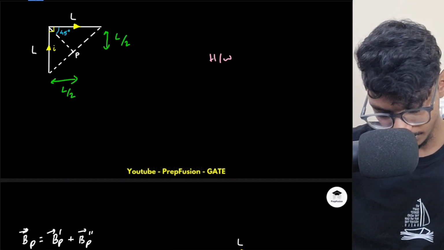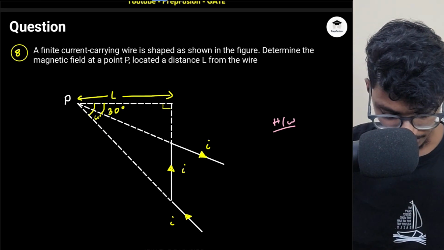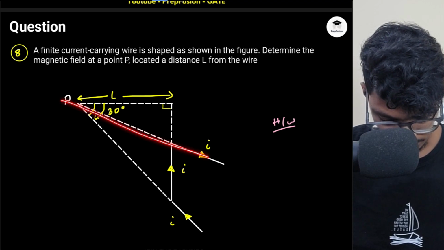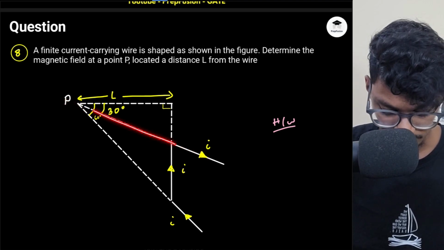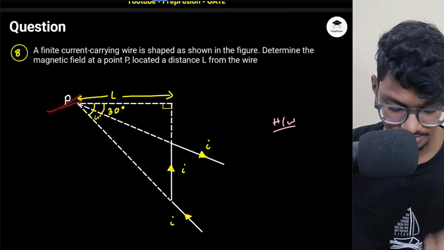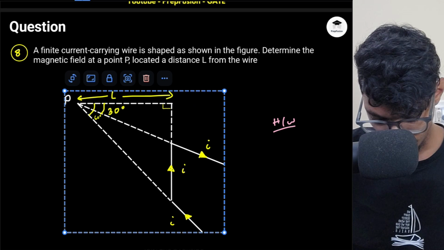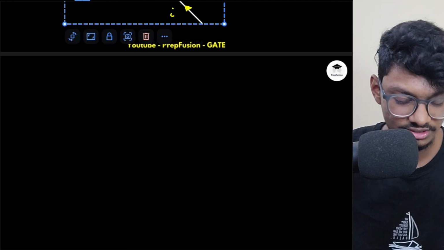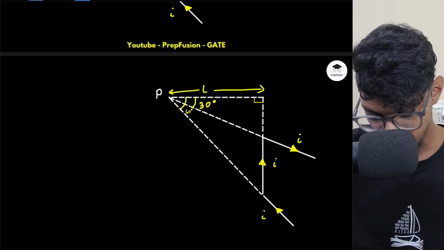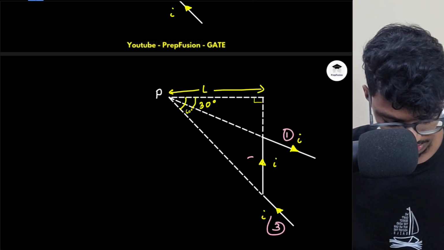Okay, so here I observe that this point doesn't have any perpendicular component. This is on the axis. If I extend this wire, this point lies on the axis. So due to this also, the magnetic field at point P will be 0. Let's break this down into 3 sections. Don't worry about how you will know if it is on the axis or not; you will understand by seeing the diagram. If I break it down into 3 sections, here I have section 1 and section 3, and this is section 2.